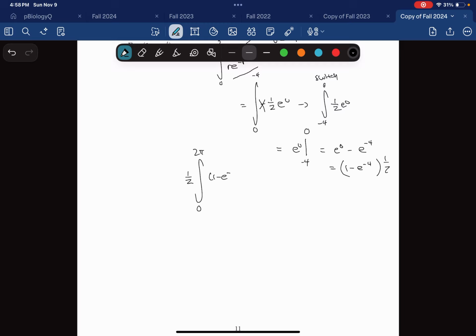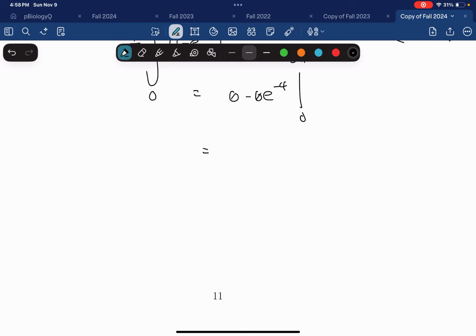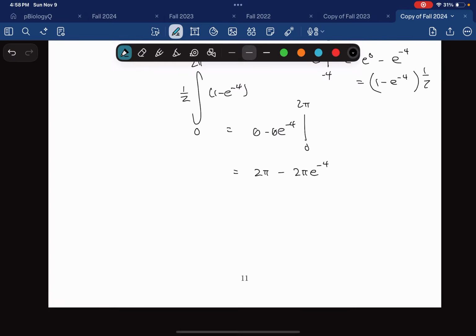1 minus e to the negative 4 is just equal to theta minus e to the negative 4 theta, from 0 to 2 pi, which equals 2 pi minus 2 pi e to the negative 4th.